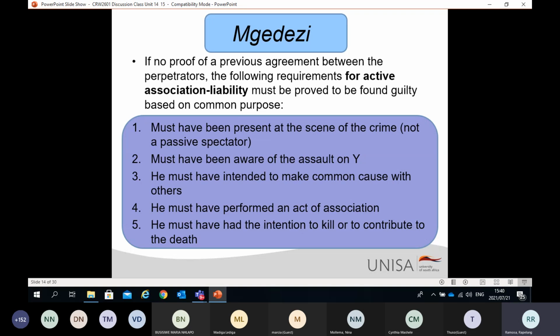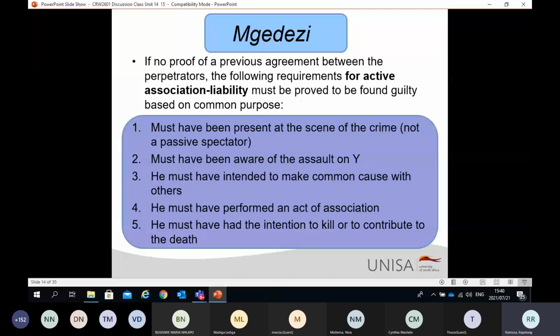So on appeal, the convictions of these two accused were challenged in the Constitutional Court on the basis that common purpose liability violates a number of rights.